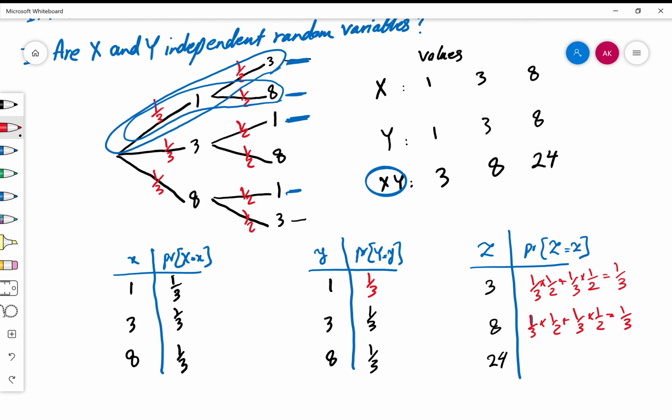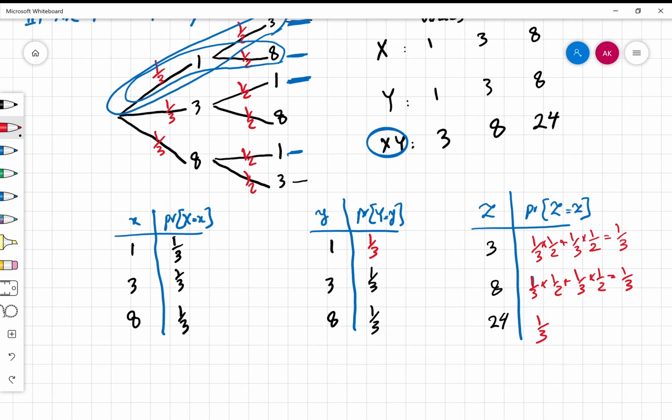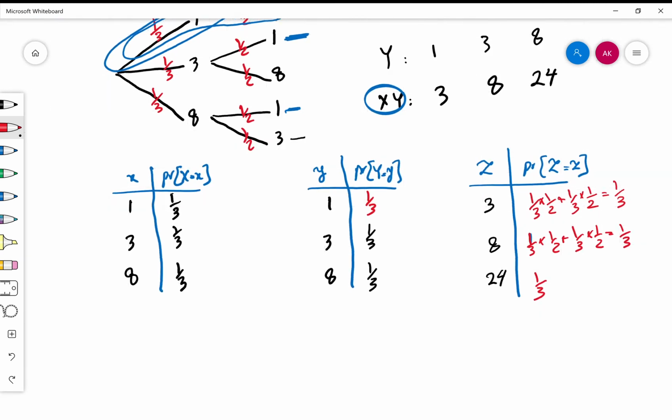How about the last piece? That's again 1 over 3. That's it. Now we have the PDF table.